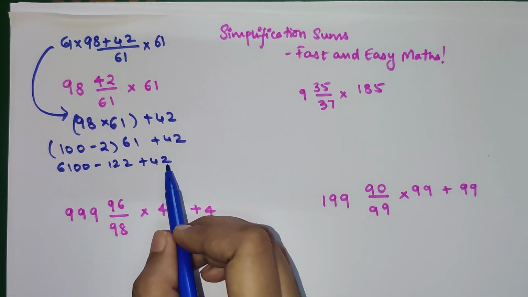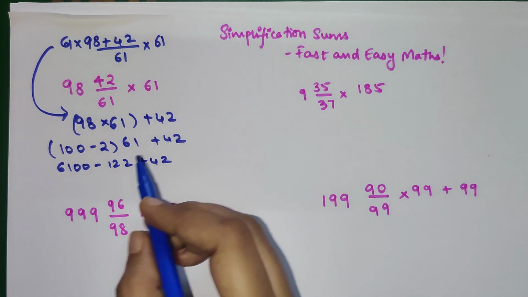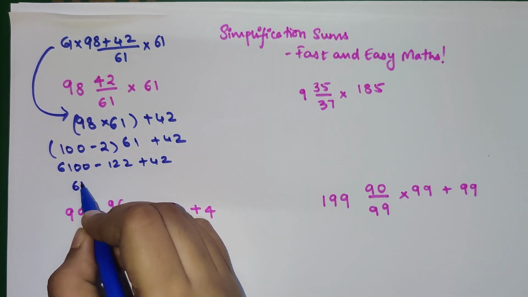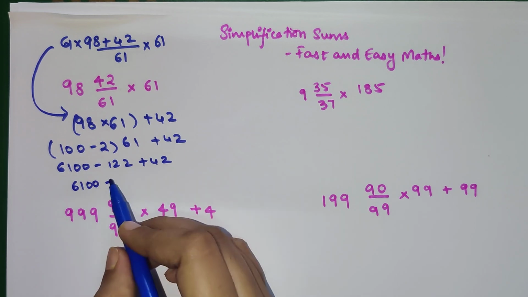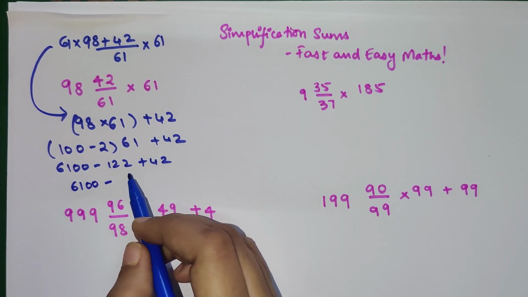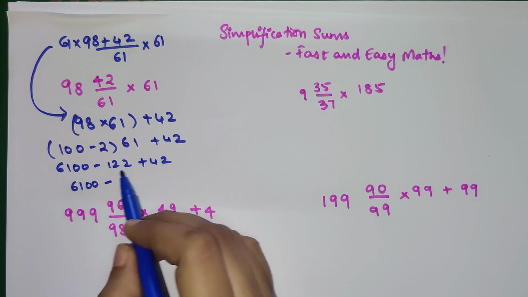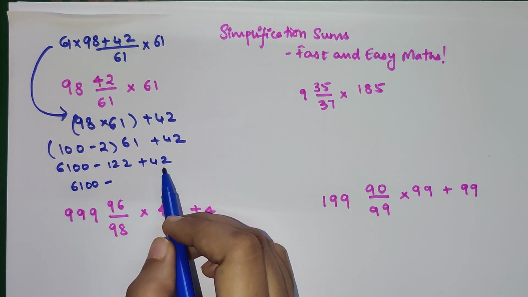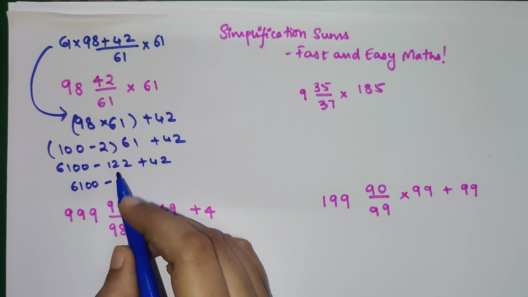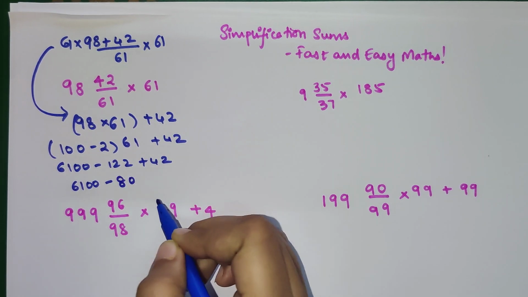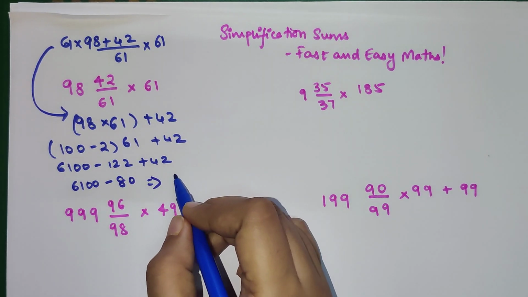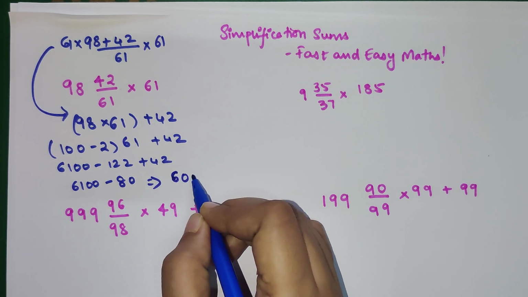Why? Because 2 and 2 will get cancelled. So basically you will get 6100 minus, because 122 is greater than 42. So when you subtract 42 from 122, you get 80, and then it becomes much easier. So you get 6020.